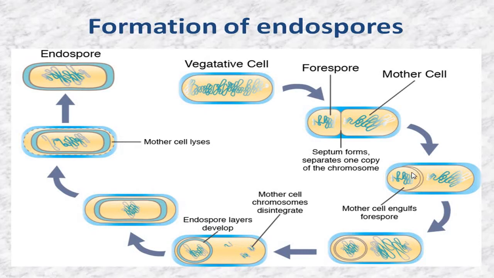It engulfs the smaller cell, which is then retained inside the mother cell, and a hard and thick cell wall is formed around it, so it gives rise to the endospore. The endospore is resistant especially to high temperature. When the conditions are normal or favorable, it will start its germination again.